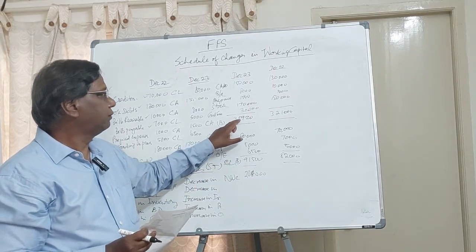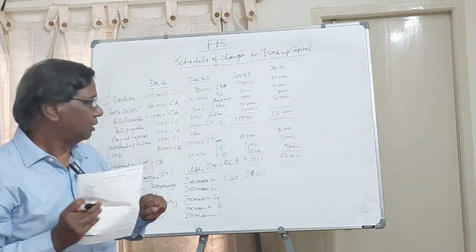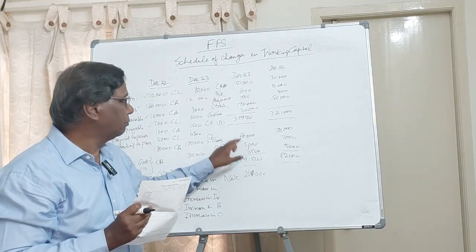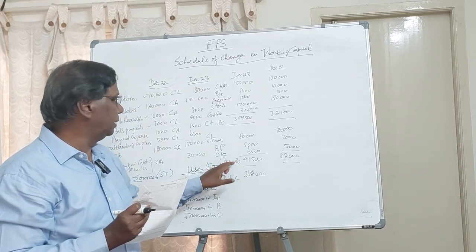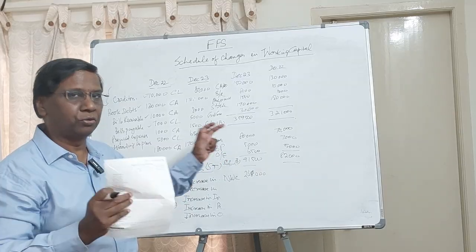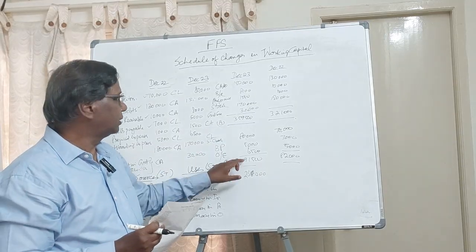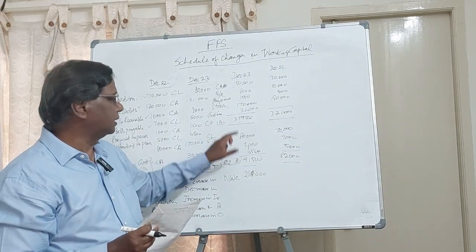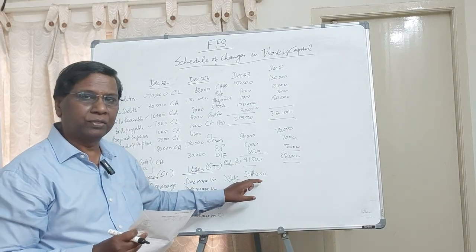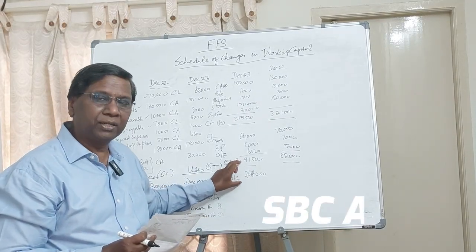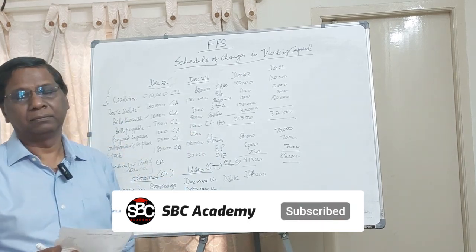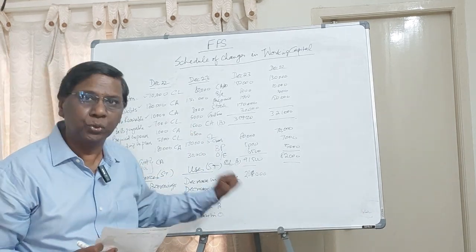So 3,15,500 total assets you bought, of which 91,500 is taken care of by sundry creditors, bills payable, and outstanding expenses. This is all postponed expenditure. So it was taken care of by 91,500. Then the balance, 2,68,000 is being funded by you. Please understand this.